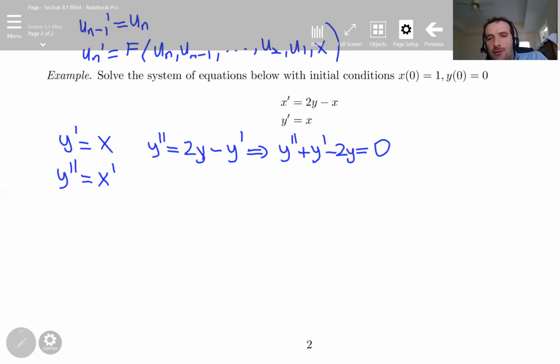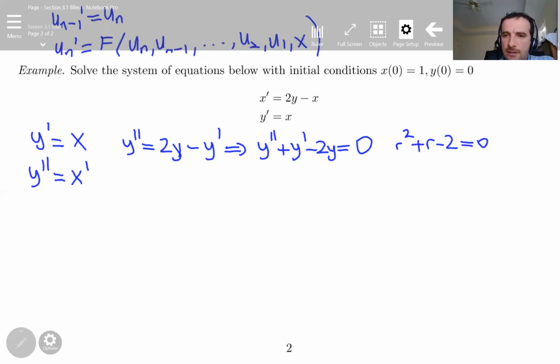Now we get a second order homogeneous differential equation, and we know how to solve these equations very well using the characteristic equation. So what is the corresponding characteristic equation here? r squared plus r minus 2 is equal to 0.